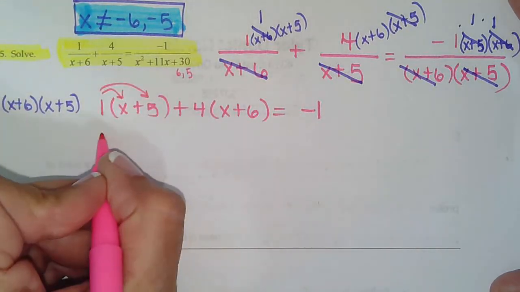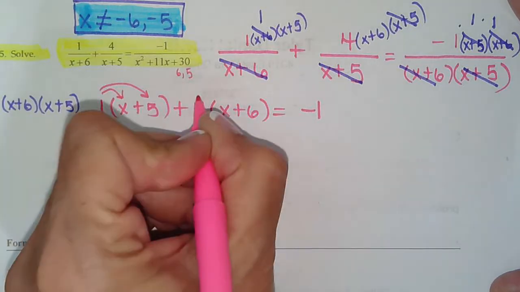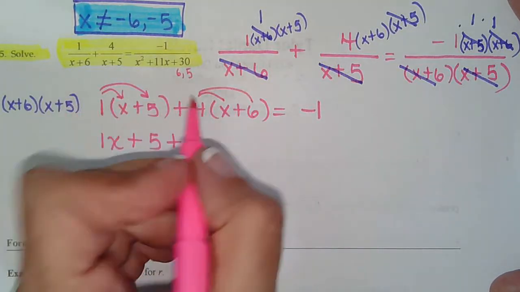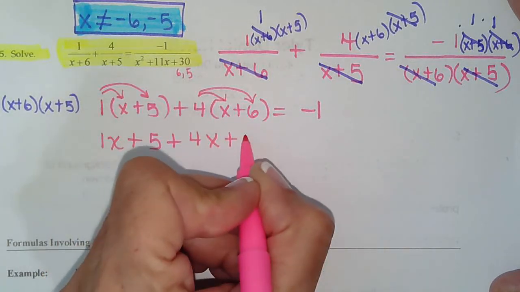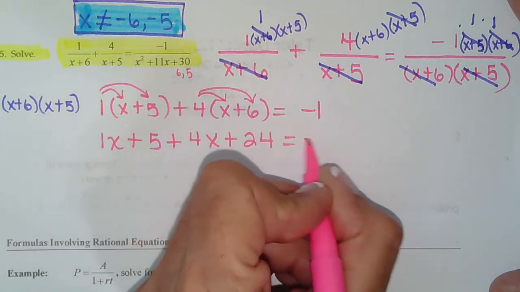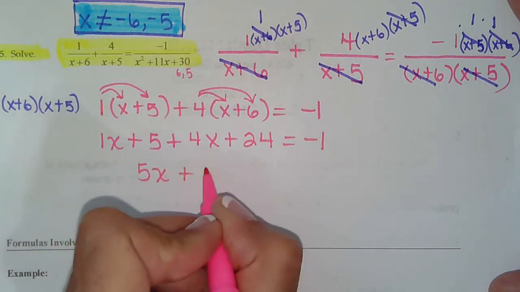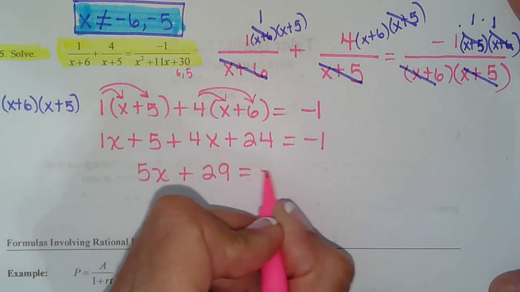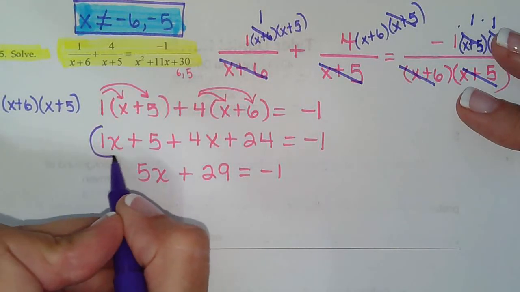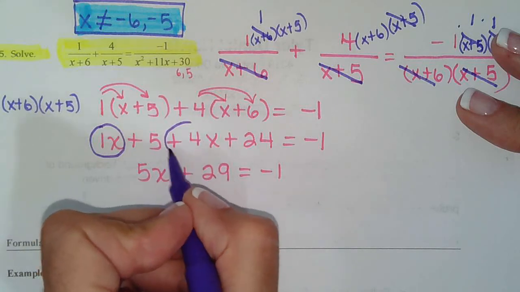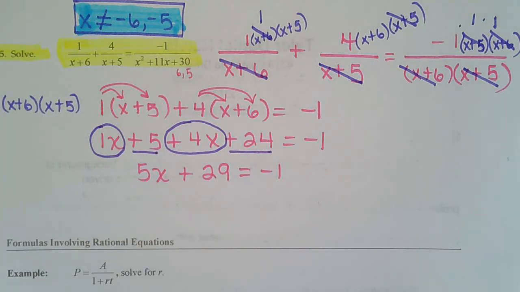1x plus 5, and I'm going to keep the 1 in front of the x for now because I can see there's like terms coming up, plus 4x plus 24 equals negative 1. So 5x plus 29 equals negative 1 because we have like terms here, 1x and positive 4x, and then positive 5, positive 24.